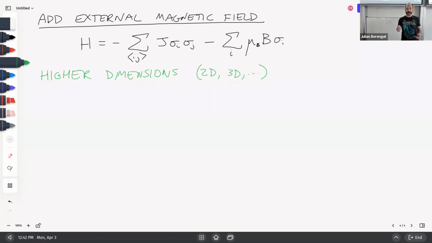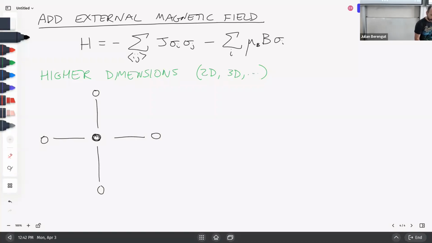So, high dimensions. You've got some spin. Let's say we have a cubic lattice, okay? You've got some spin here, and then you've got all of its neighbors in the plane, and then maybe out of plane as well. How many neighbors do I have? 6.